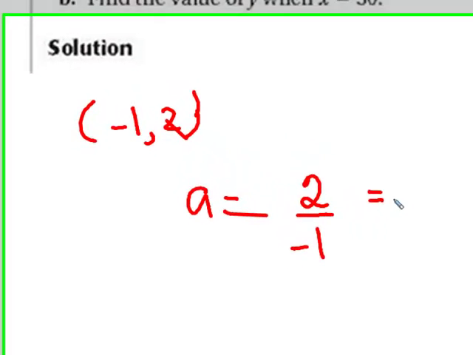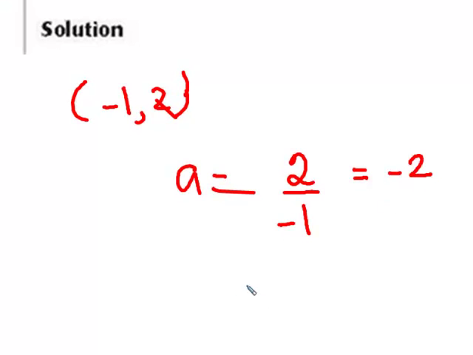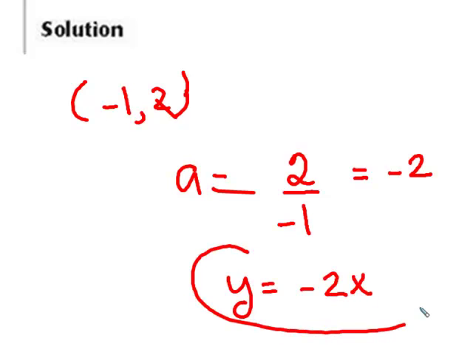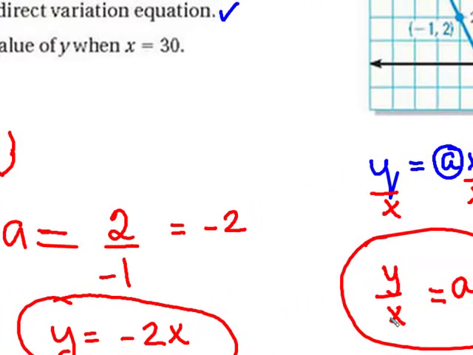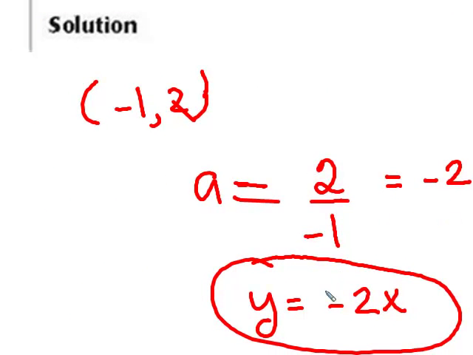So my a value is negative 2. So my equation is just y equals negative 2x. So again, I took this coordinate right here to solve for my a because my a is y over x, and then I just plugged them in, y over x, and that gave me the a value.